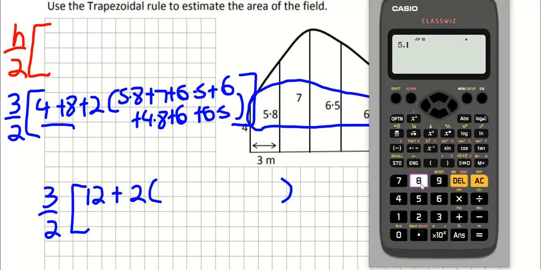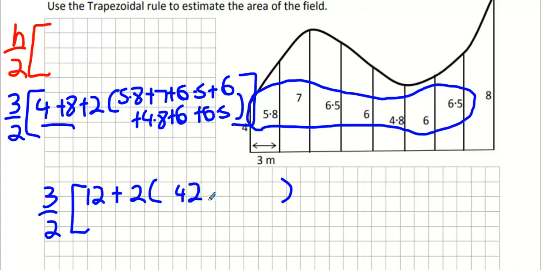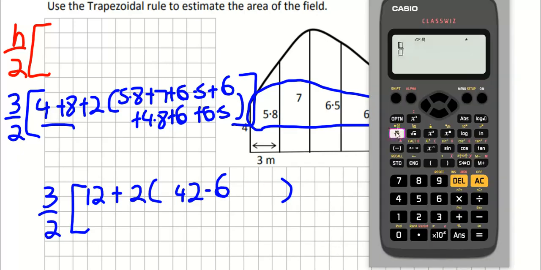So 5.8 plus 7 plus 6.5 plus 6 plus 4.8 plus 6 plus 6.5. You get 42.6. Now I'm at the stage where I can do it all in one go, where it's not a gigantic amount. So I'm going to do 3/2 or 1.5 times 12 plus 2 times 42.6.